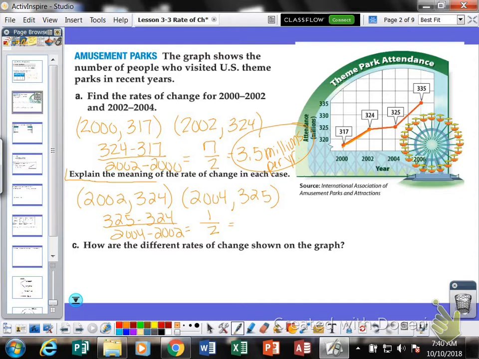So 500,000 people, or attendance, so people per year is what that would represent for the rate of change.